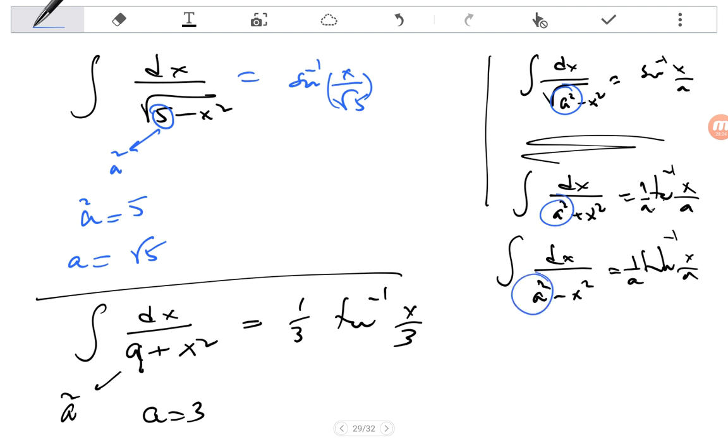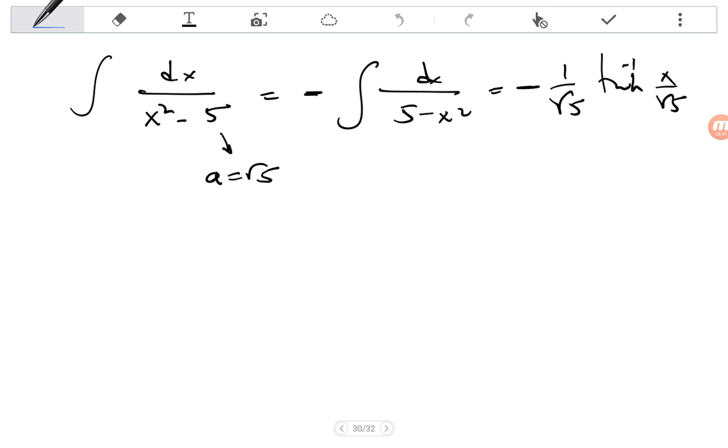I just need to check what a is in this case and apply the rule. But if I have a linear expression taking the place of x, I just remember to divide by the coefficient of x, or I can get rid of that constant, and I can apply it. Okay?